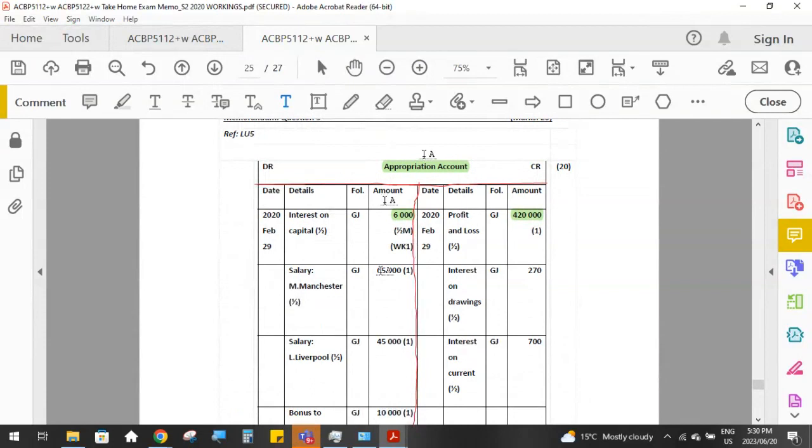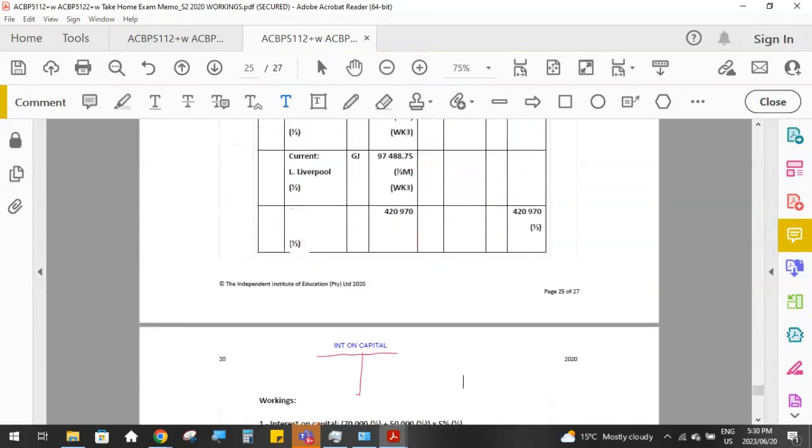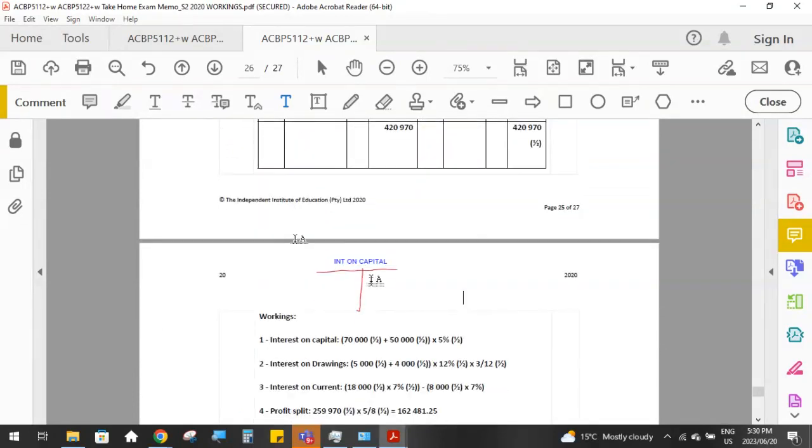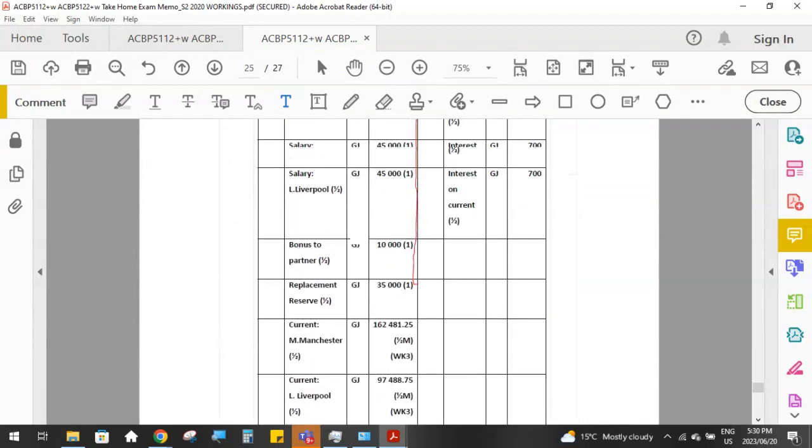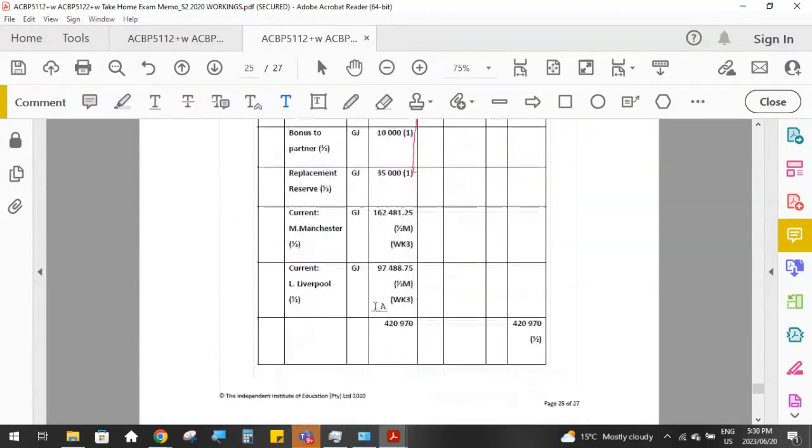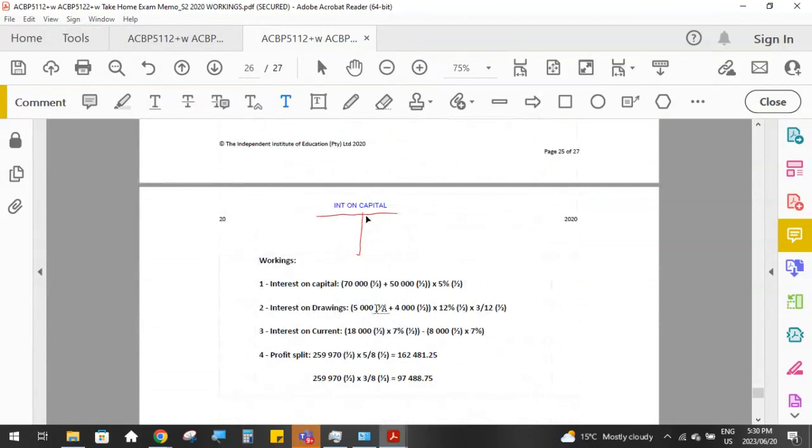So we are debiting the appropriations account and crediting interest on capital. Okay, so we are going to credit interest on capital. What was the total amount there? 6,000 Rand. I don't think that's going to allow me to type there now. It's a bit annoying. Let's see if I can use this.